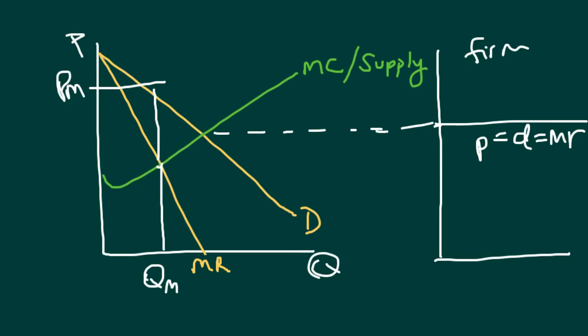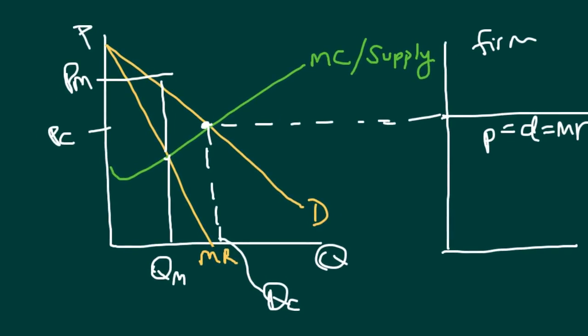So taking this idea back into what would it be like if this was the whole market of perfect competition, what that's telling me is this is the perfectly competitive price that each individual firm is going to charge. And once you've added up all those individual firms, they're going to produce this quantity.